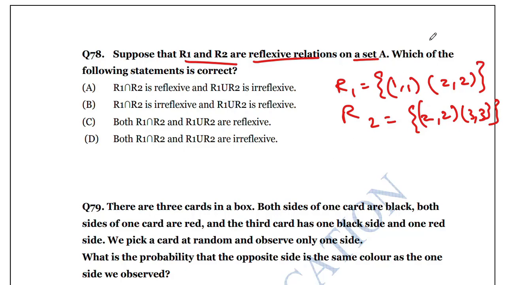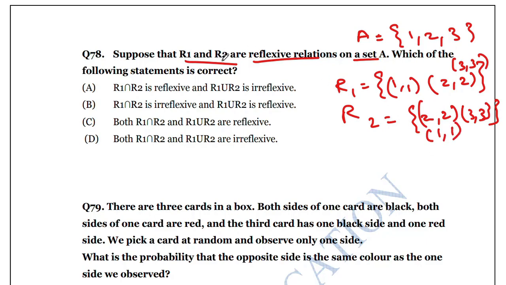Okay. Because if you have a set A equal to {1, 2, 3}, then surely if R1 is a reflexive relation on this set A, this will also contain (3,3) and this will also contain (1,1).